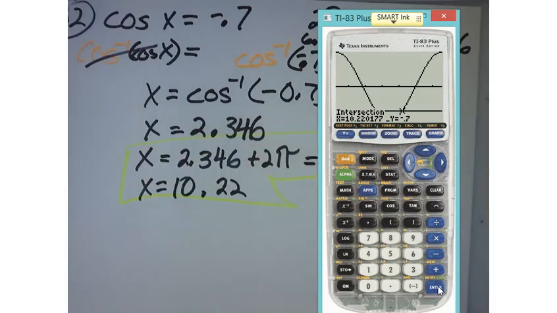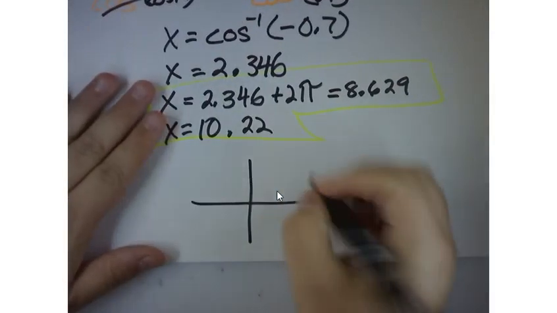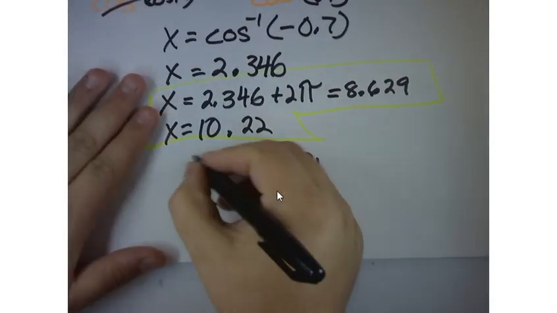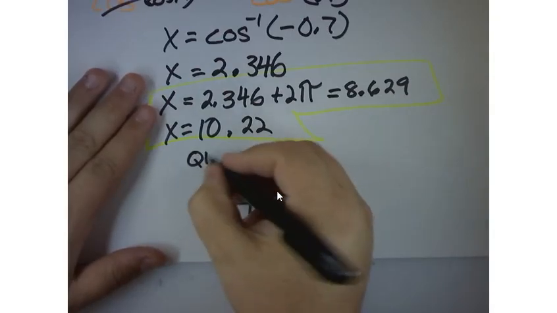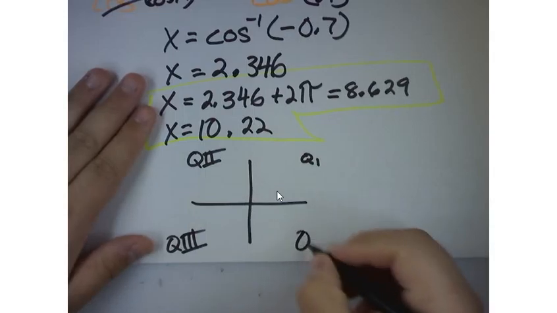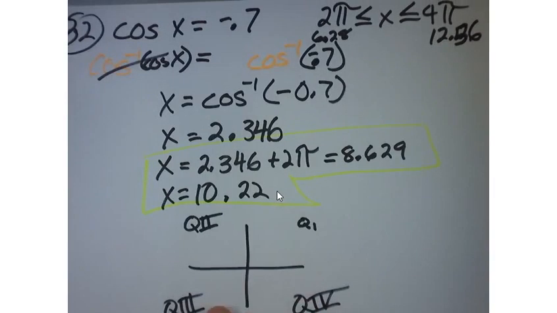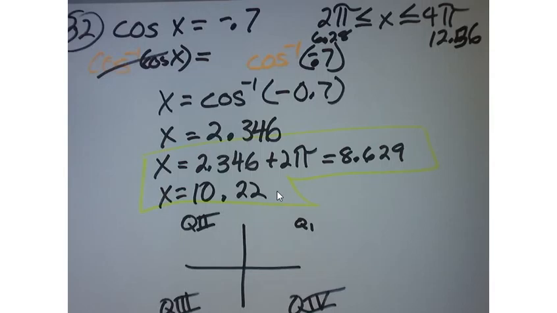But where does that come from? Well, that comes from the standard circle. We're looking for a reference angle of 2.346.